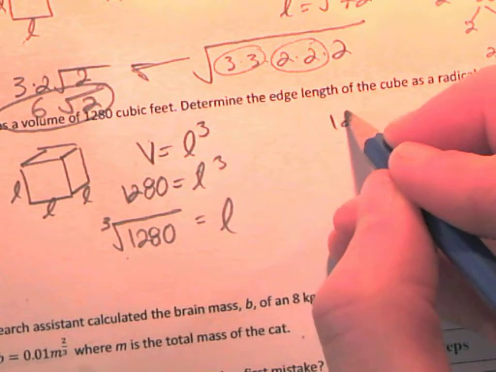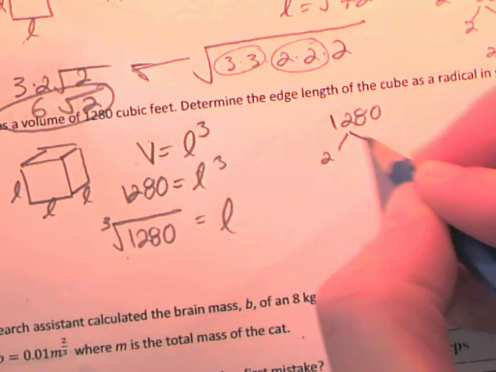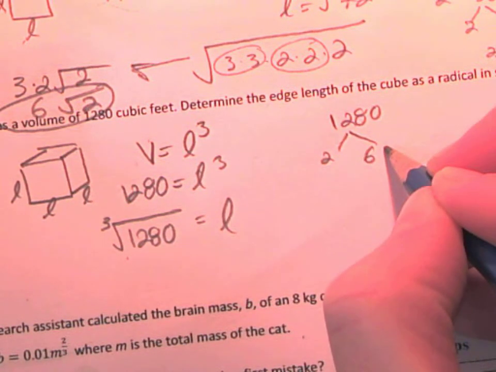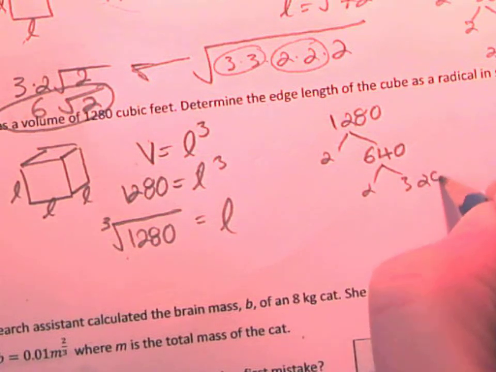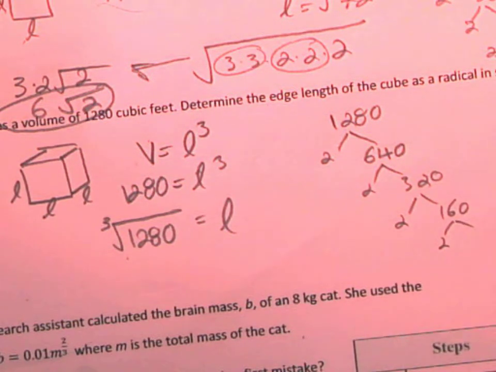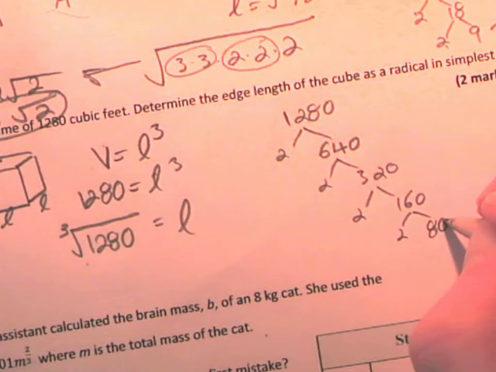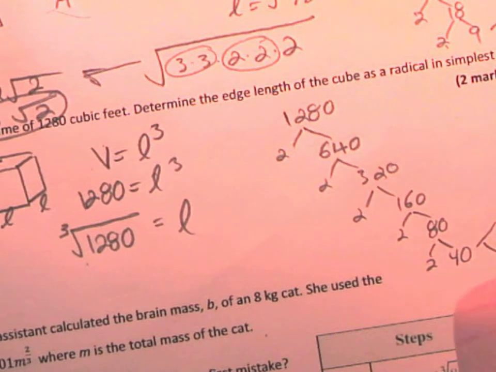So we gotta prime factor that. 2, 640, 2, 320, 2, 160, 2, 80, 2, 40, 2, 20, 5, 4, 2, 2.